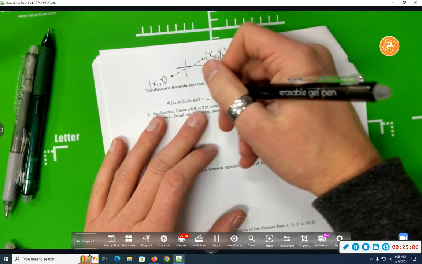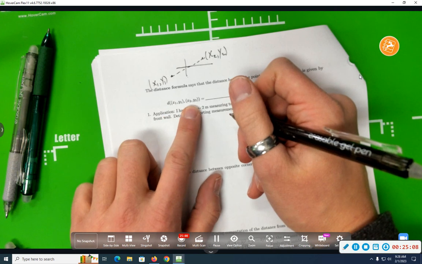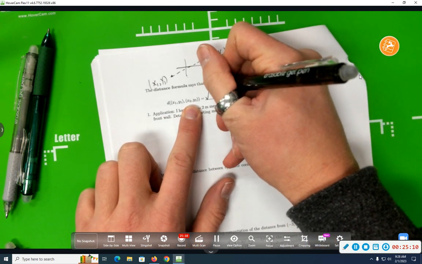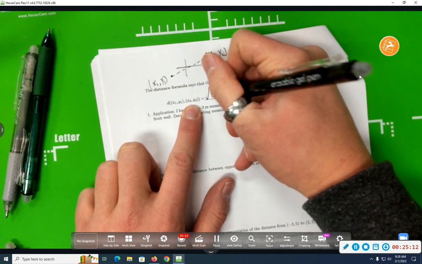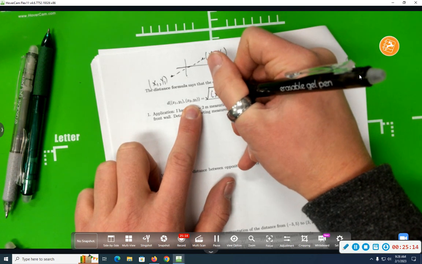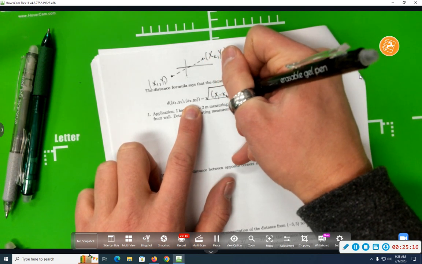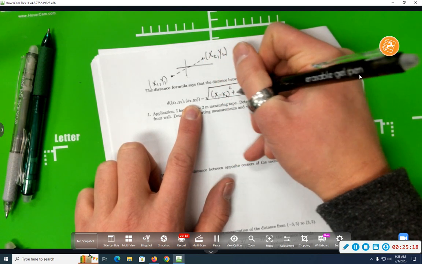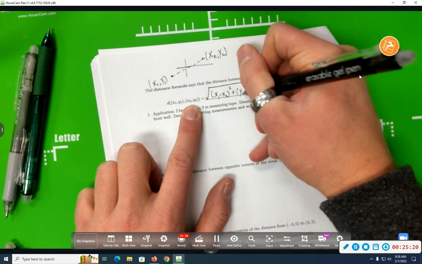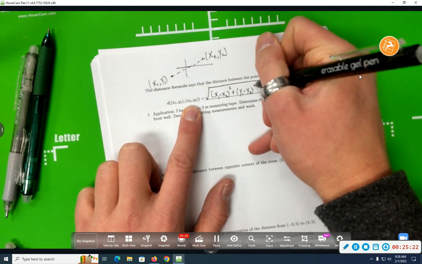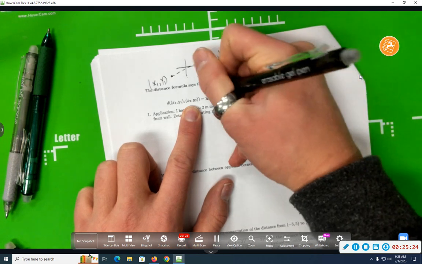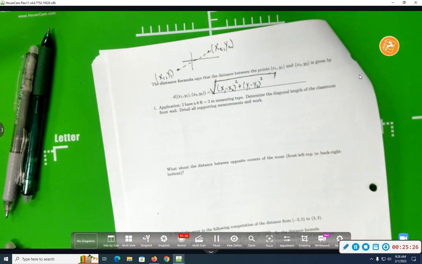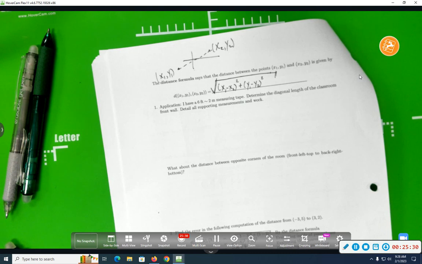The distance formula says that this distance from x1, y1 to x2, y2 is given by the square root of the difference between the x coordinates squared plus the difference between the y coordinates squared, and then you take a square root. So I've written x1 minus x2 and y1 minus y2.